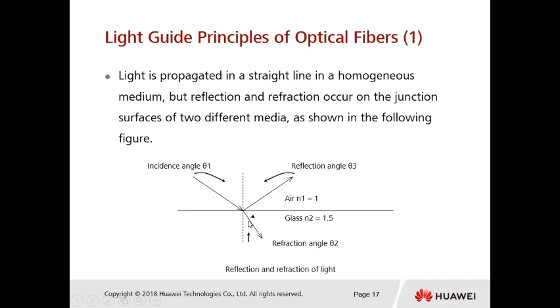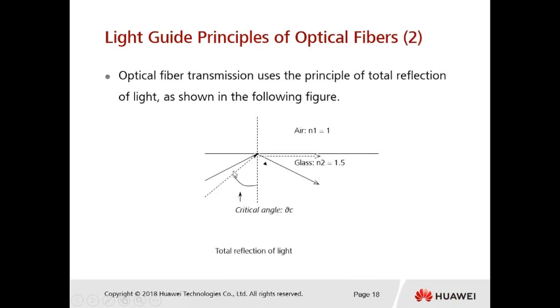If we control this incident angle from the glass to the air, the refraction angle may be equal to 90 degrees. So another thing will happen. Check this out. When we control this angle, because in the air the refractive index is smaller, when the refraction angle equals 90 degrees, the incident angle must be smaller than 90 degrees.